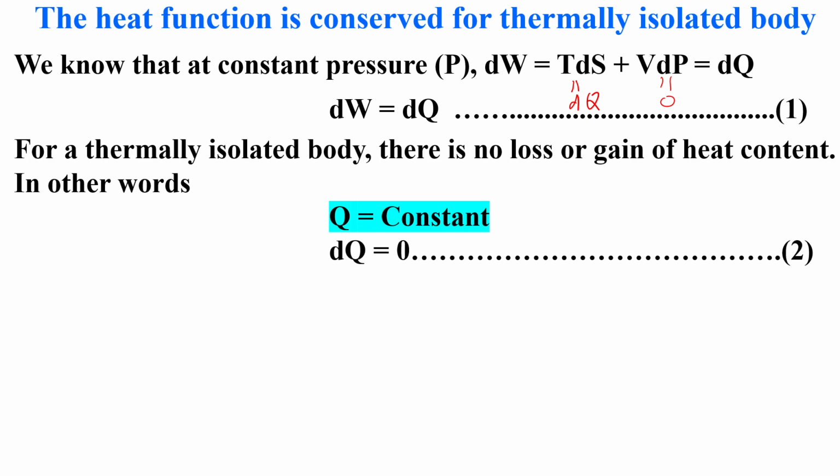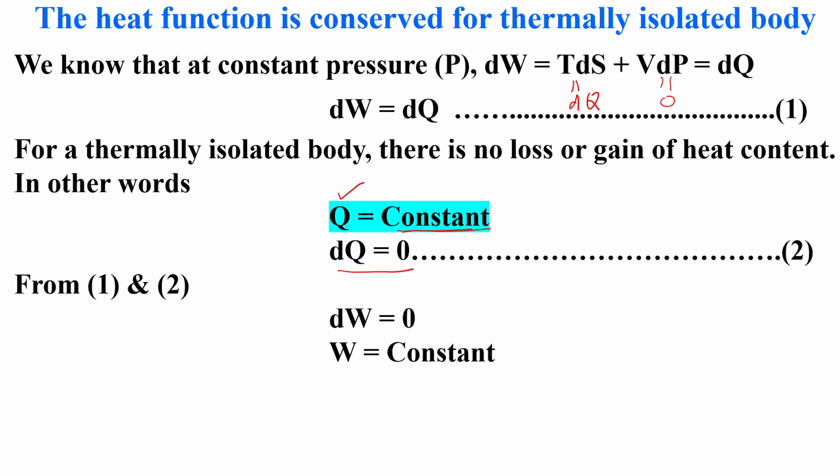For a thermally isolated body, there is no loss or gain of heat content. Neither energy nor mass is exchanged with the surroundings by the system. So Q remains constant, and the variation in this heat content is 0.